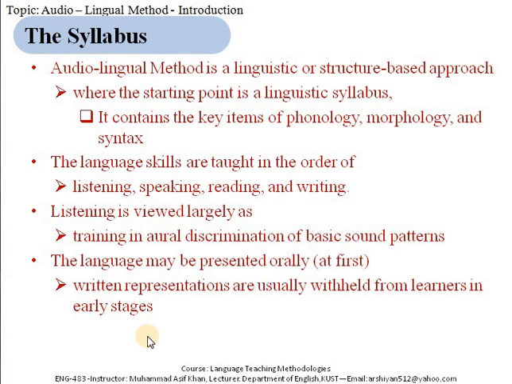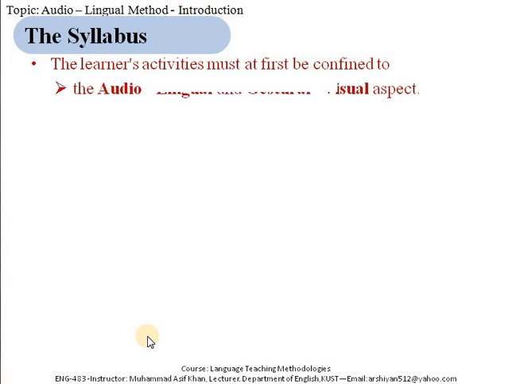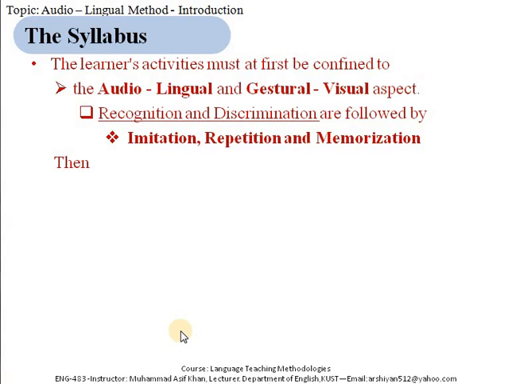Recognition and discrimination of these symbols is followed by imitation, repetition and memorization. Initially the learner has to recognize and discriminate between the audiolingual symbols, and later on between the written symbols.